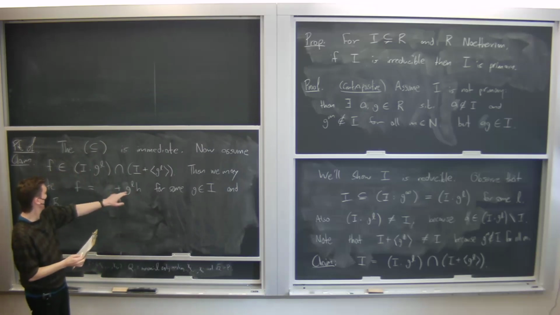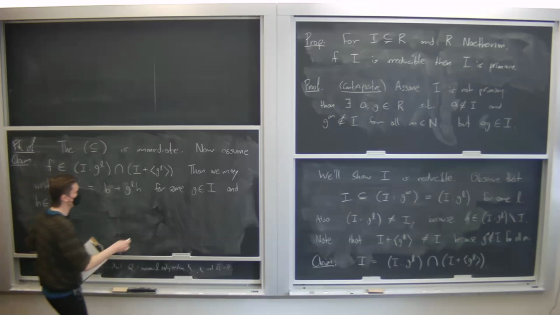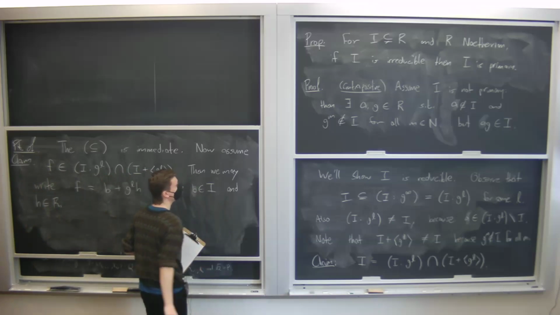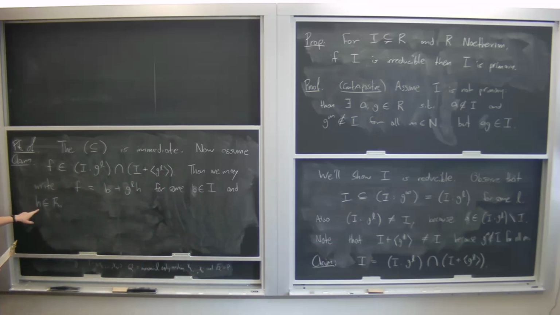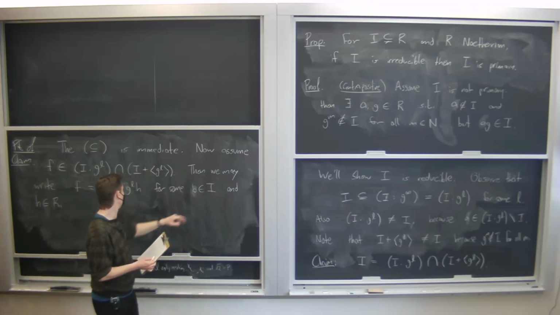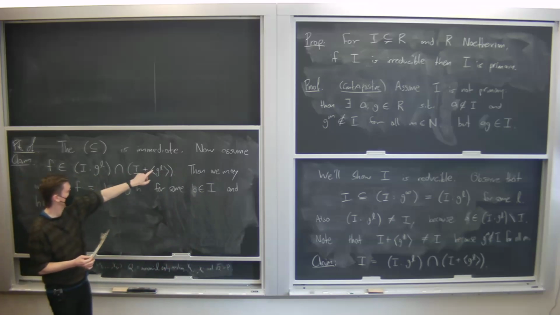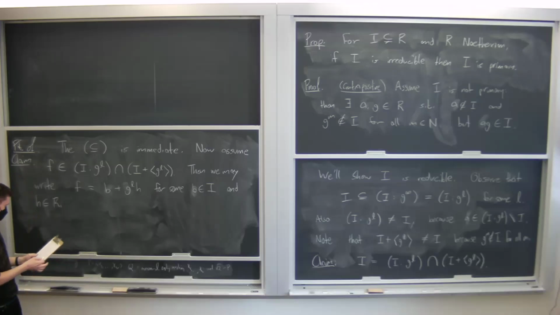So G is the thing that I'm colon-ing by, and this is now going to be B. Okay, now I'm okay. F is an element in this intersection, and it looks like the sum of something in the ideal I plus G to the L times a ring element, because G is the thing that I'm colon-ing by. Now my labels are square.